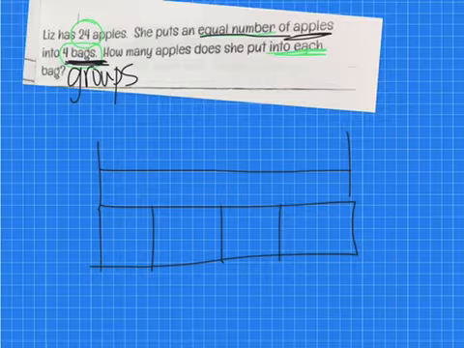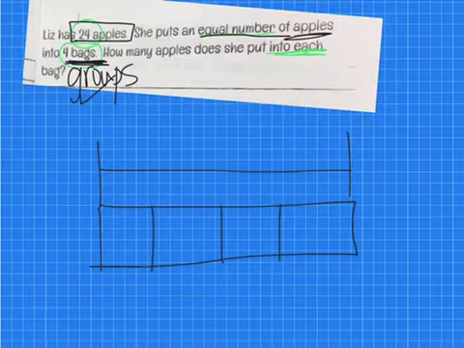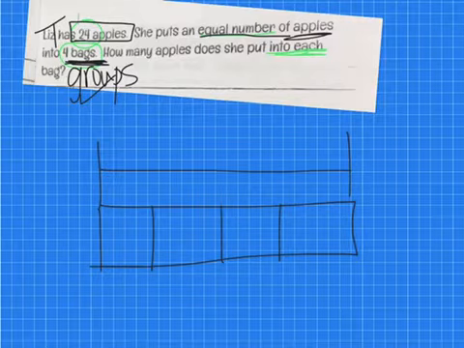Now let's go back to our word problem and see what we can fill in where. So I have my number of groups, 4 bags, because I drew 4 rectangles to represent my 4 bags. Now it says Liz has 24 apples. So 24 apples that she puts an equal number of apples into 4 bags. So 24 apples has to be our total.